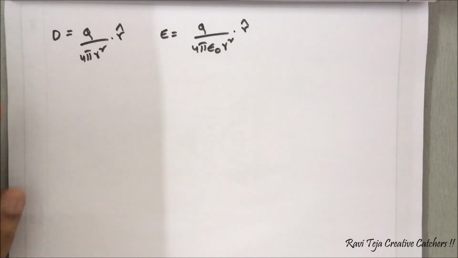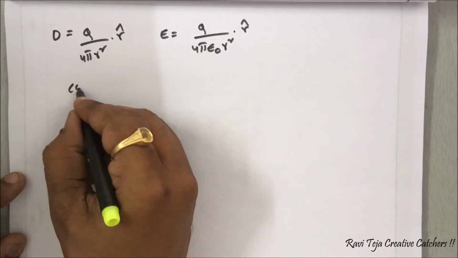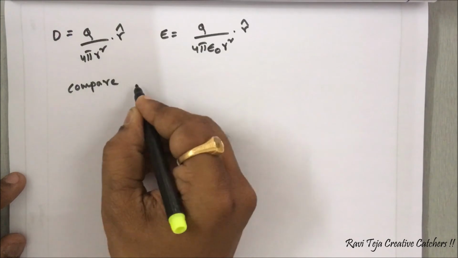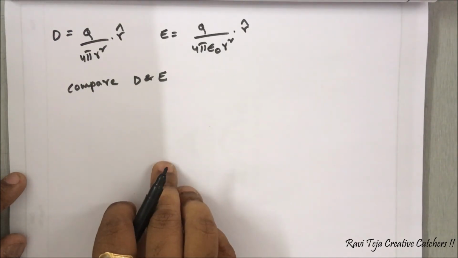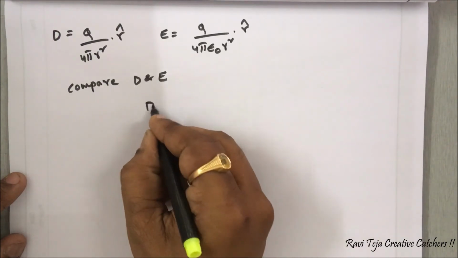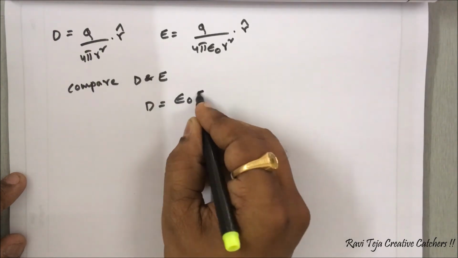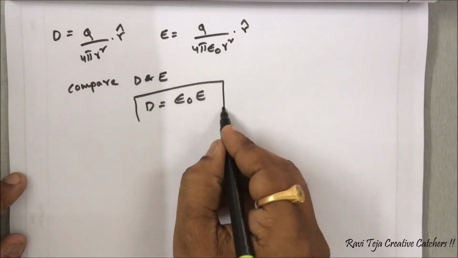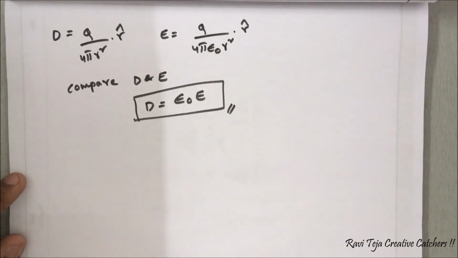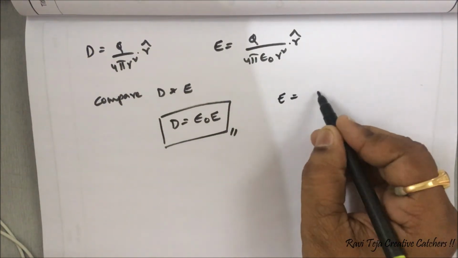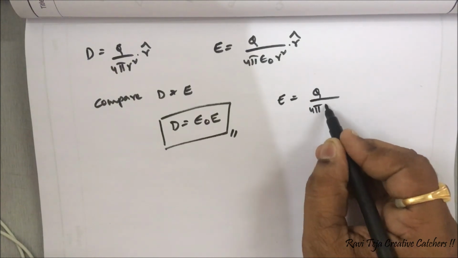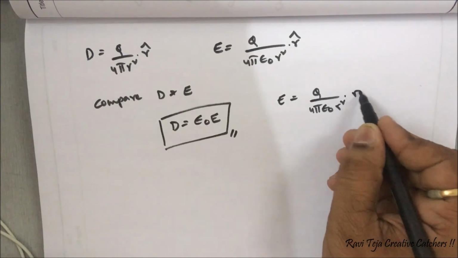Okay. If we compare D and E, if we compare these, what we get? D is equal to epsilon naught E. Okay. See how I will tell. Suppose, what is E here? E is equal to Q by 4 pi epsilon naught r square into r cap, right?